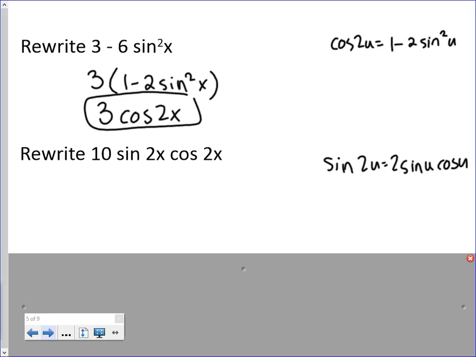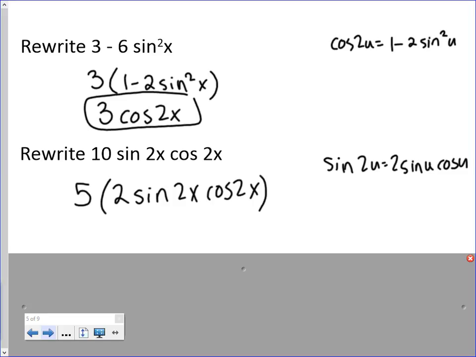And so we're looking at the very front. It says 10 times. What are you going to have to do to change it? Factor out a 5. Don't just divide by 5 and make the 5 disappear, right? Factor out the 5. And there's also something a little bit different in the trig functions.